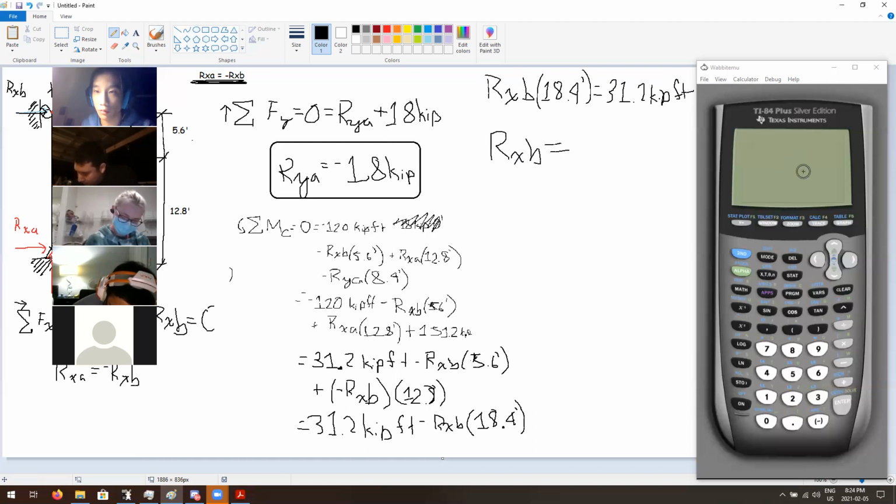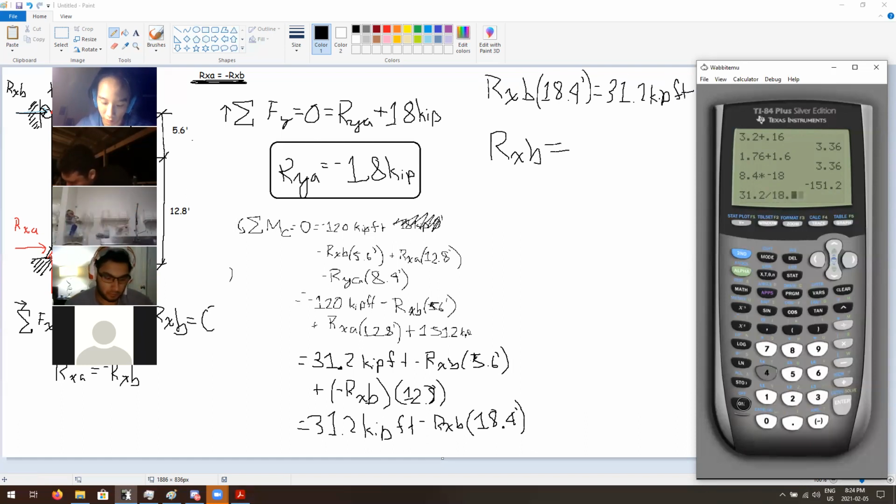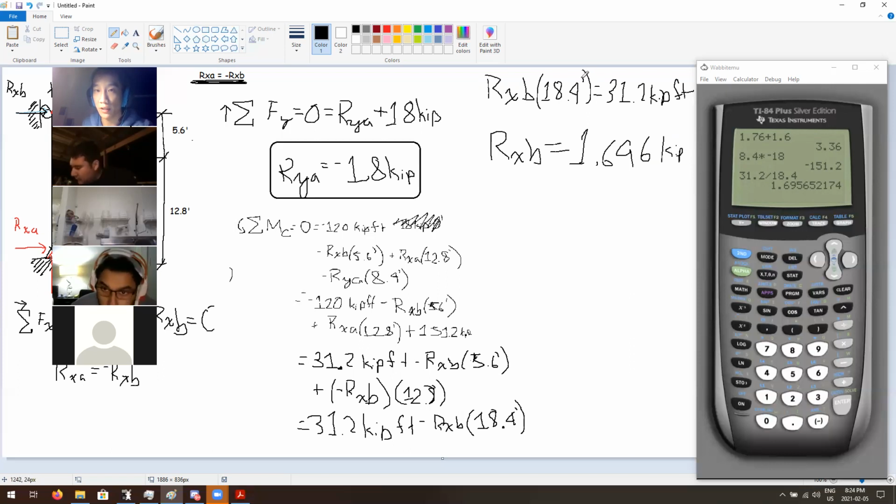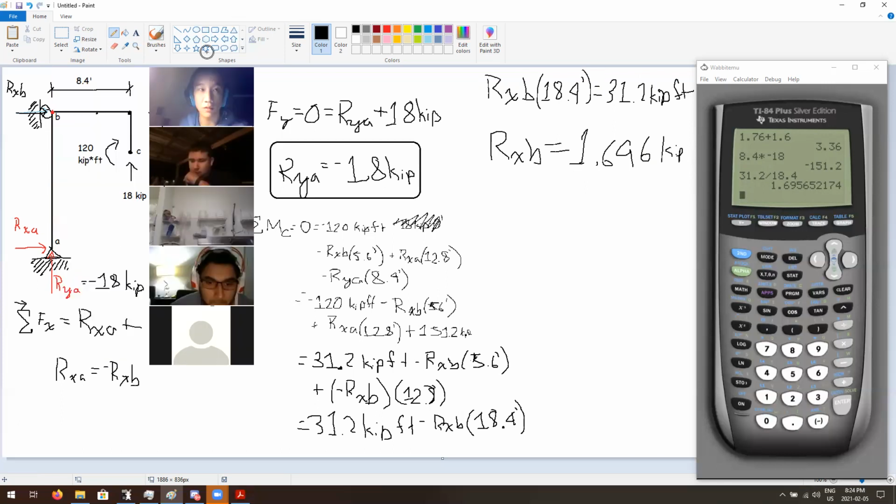RXB is equal to 31.2 divided by 18.4, which is 1.696 kips. We divide by feet, the feet cancel out, and we're just left with kips. RXB is equal to 1.696 kips. Box that.